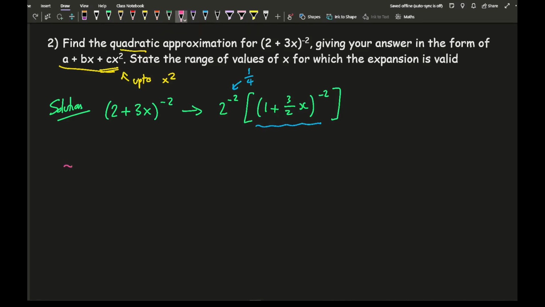So from this, what we've got is a quarter, which I'm going to leave on the side, and then working with the expansion, well, let's first start off by writing what my variables are. So here I've got n equals minus 2 and x equals 3 over 2 x. So from this, what we've then got is 1 plus, and it's going to be minus 2. Sorry, the power should be minus 2.